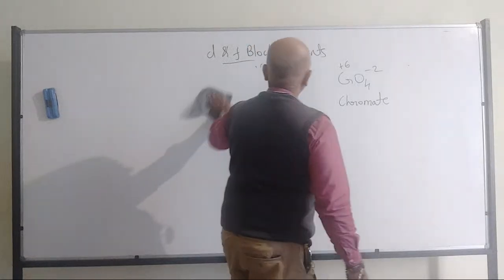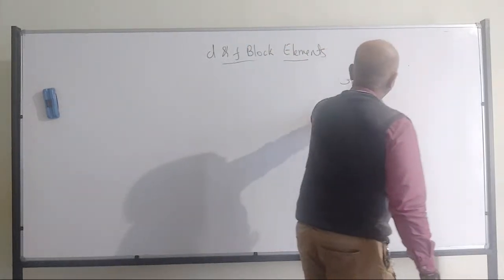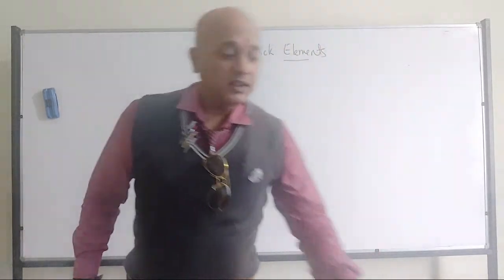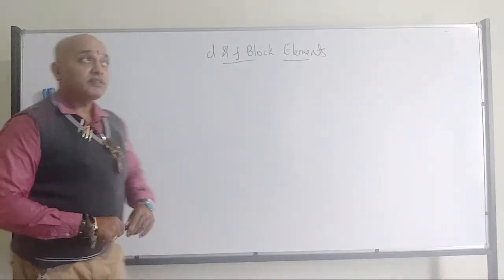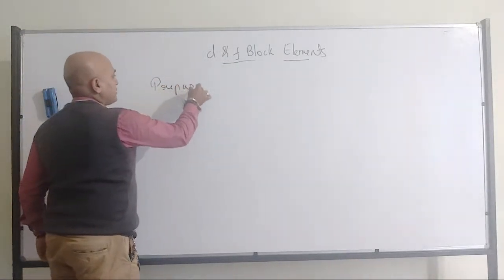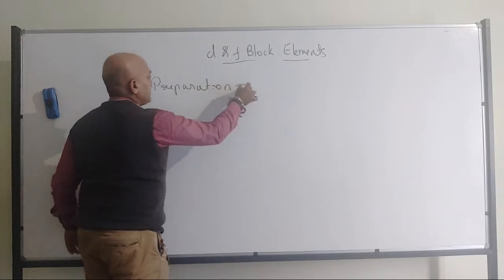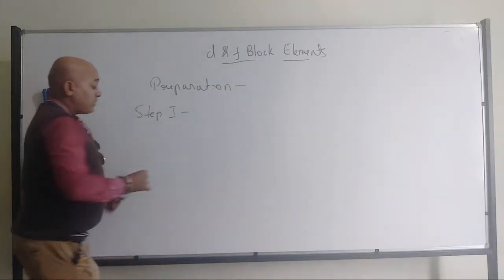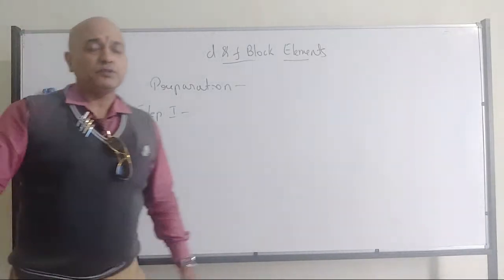Then briefly about their structure, right? Then we have discussed about preparation of dichromate. So when it comes to preparation of potassium dichromate, what was there in step 1? This step 1, whatever we have discussed, you can skip, no problem.